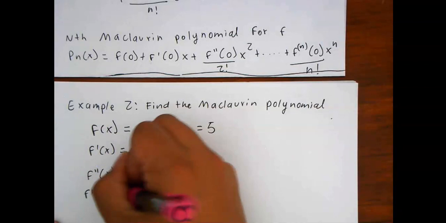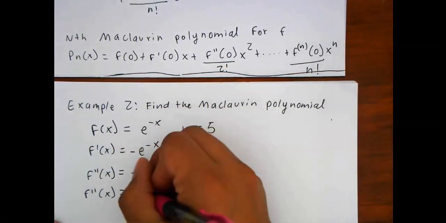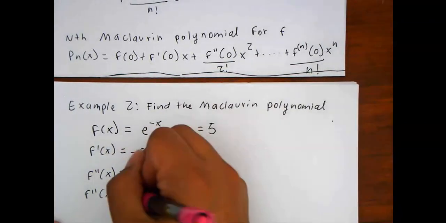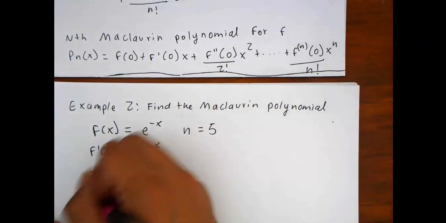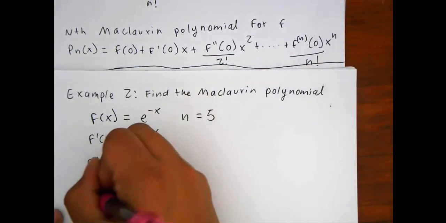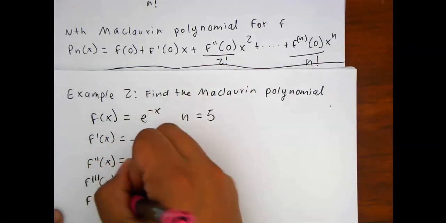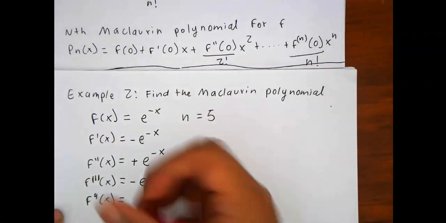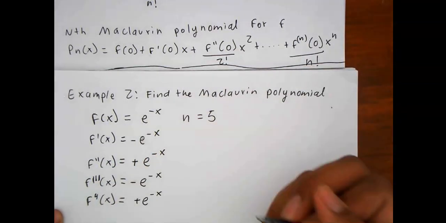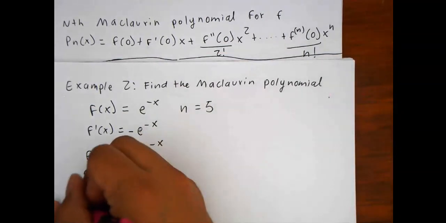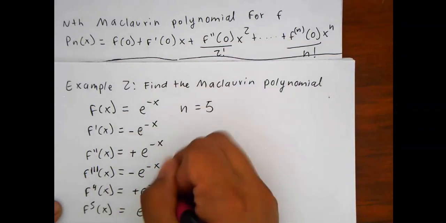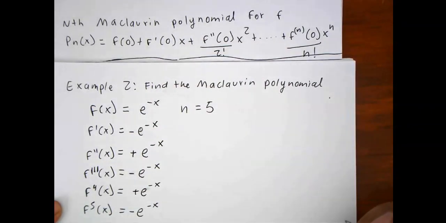Third derivative, remember I need 5. We copy e to the negative x times the derivative of the top, which is negative 1, so it changes to a negative again. Fourth, we actually put a little 4 on the top from here on, and the next one will be a 5. Again, copy, derivative of the top, make it a positive. Then lastly, the fifth derivative, e to the negative x, and that will be a negative.